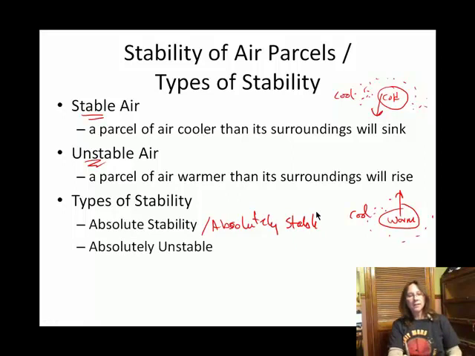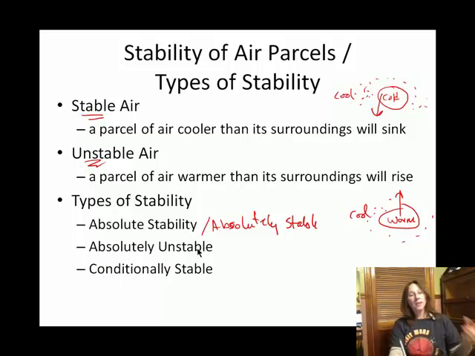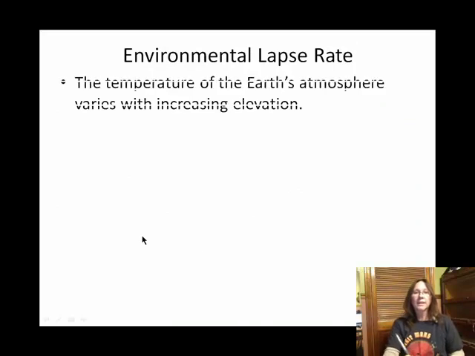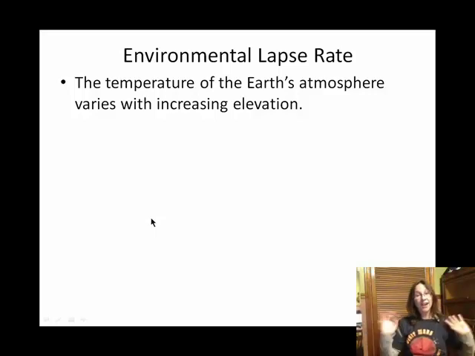And then the next, we say the atmosphere is absolutely unstable. And then conditionally stable is the third type of atmosphere. So in order to define a chunk of air as being stable or unstable, we need to look at the air around that parcel.